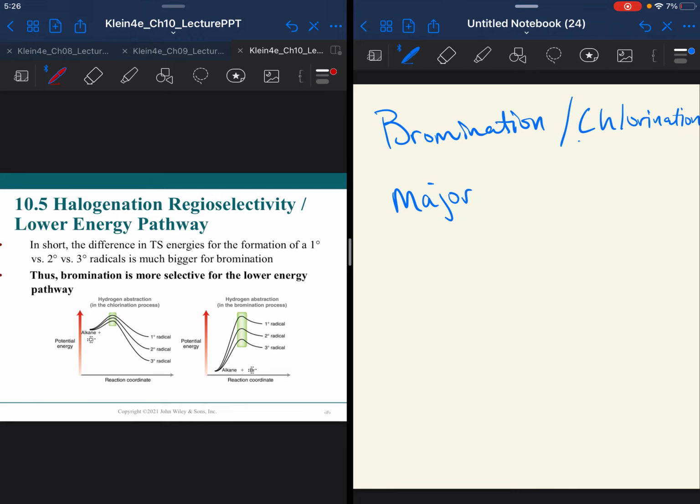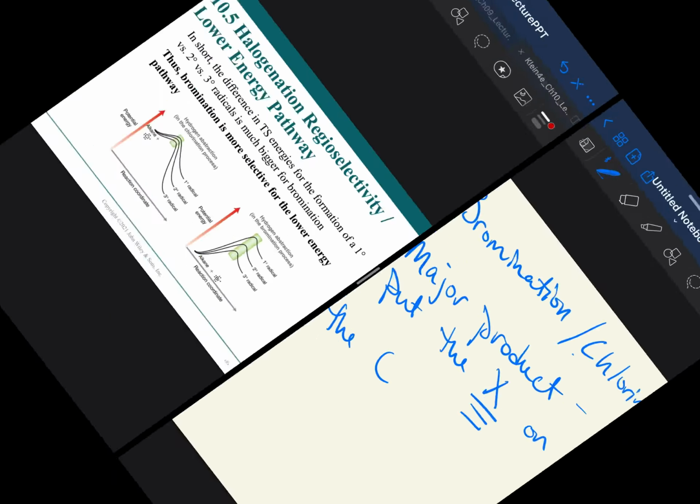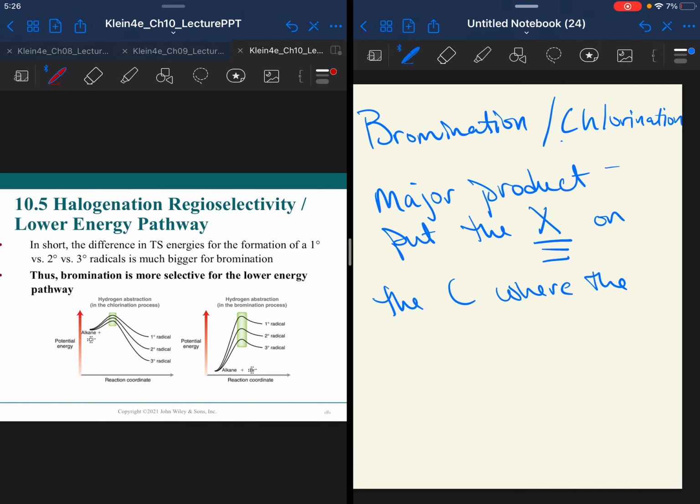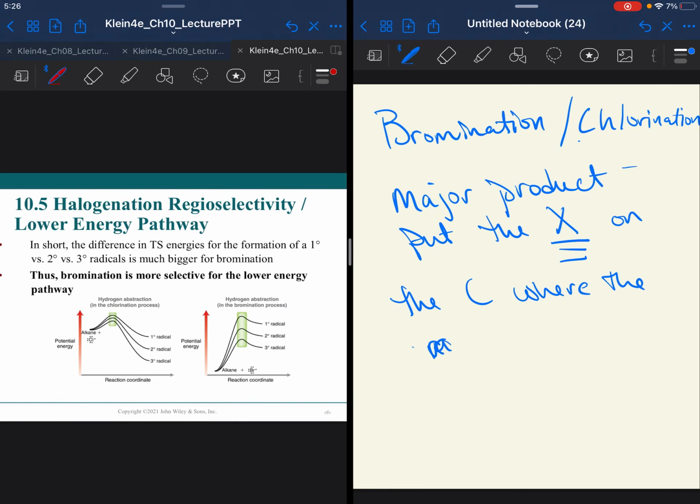The major product, if you are asked to predict, you are putting the halogen on the carbon where the radical intermediate would be most stable. So it's going to go to the most substituted position. Resonance may also be something to think about, but secondary is better than primary in the propane example.